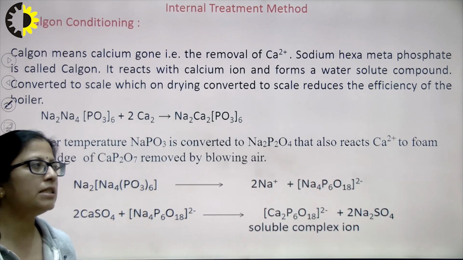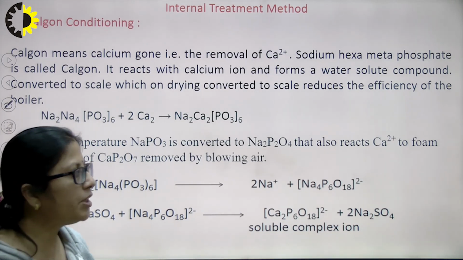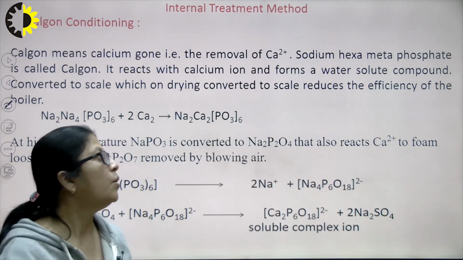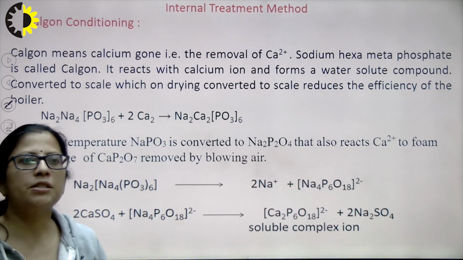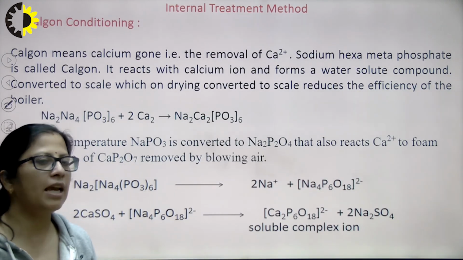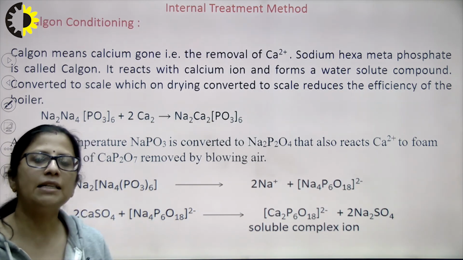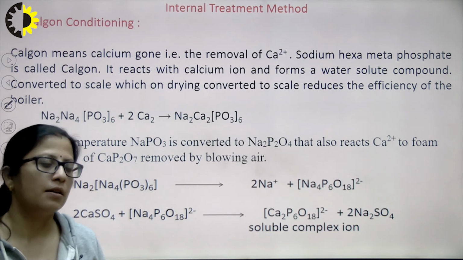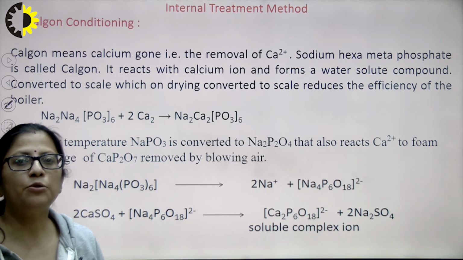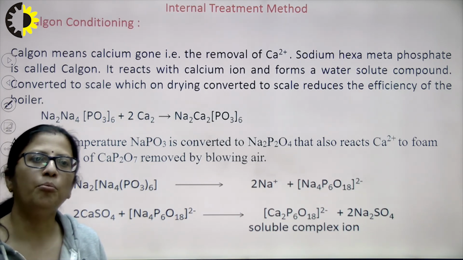Without it, calcium reacts and forms a compound which converts to scale on drying and reduces the efficiency of the boiler. So our idea is to keep these calcium ions in solution form so that they do not move out as precipitate and reduce the efficiency of the boilers.